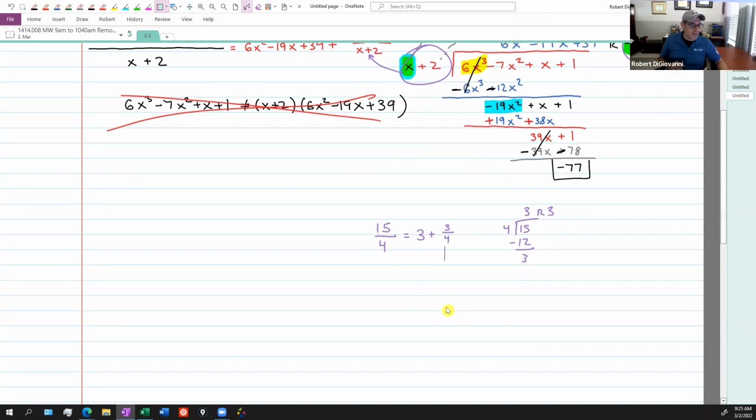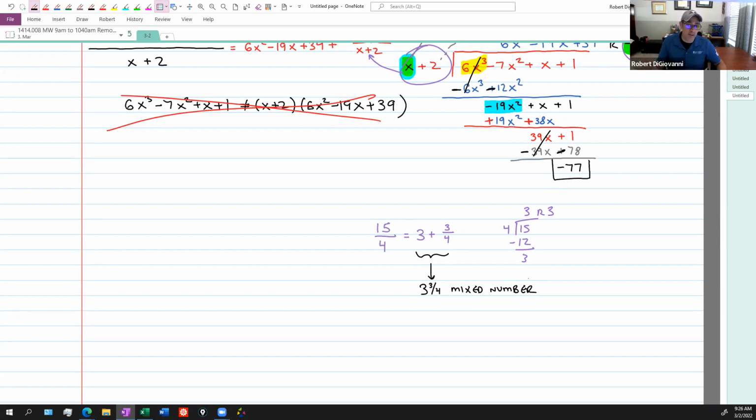Now, here's something you may or may not know. Another way to write this is 3 3/4. This is called a mixed number. And mixed numbers are nice in elementary school. Mixed numbers are no good in higher level math. I mean, we still use them, but in calculus, we don't use them at all.